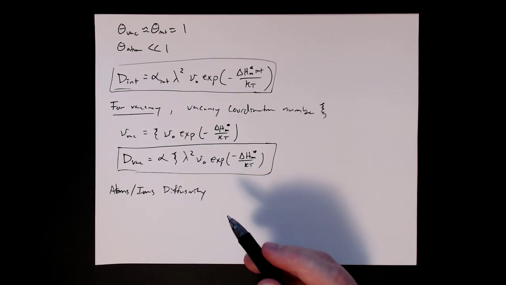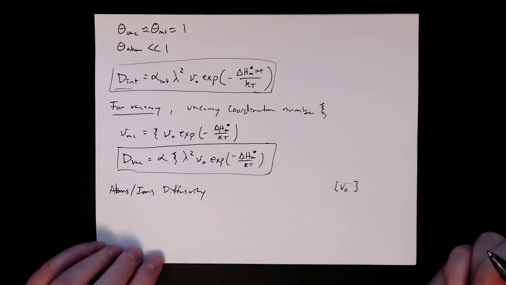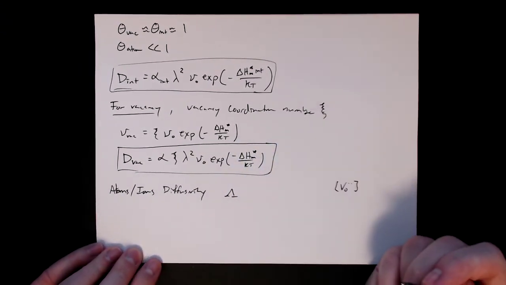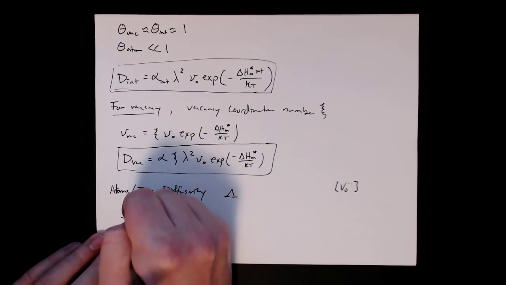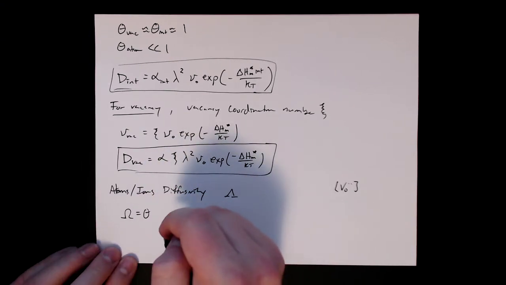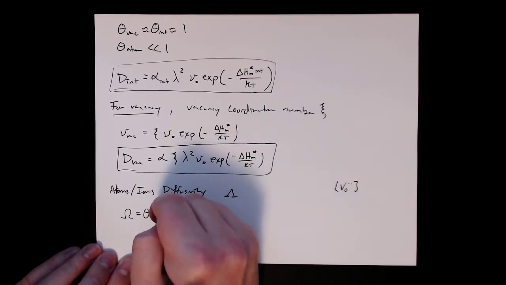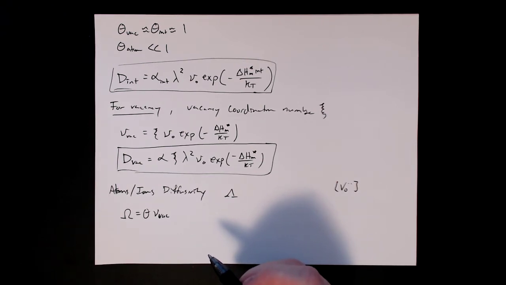This is what we did in the previous chapter on defects and Brouwer diagrams and so forth. So basically the site fraction of vacancies, we used a term maybe like this to represent the site fraction. Here, we're going to call this uppercase lambda. And so omega is effectively going to become theta times the new term for vacancies.